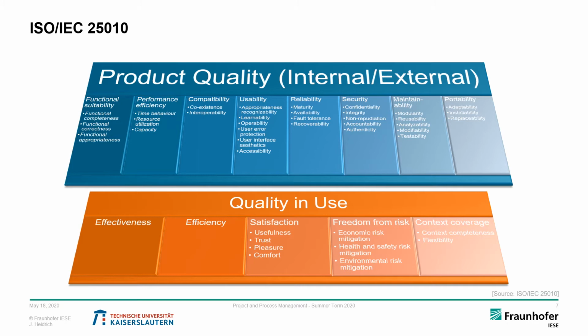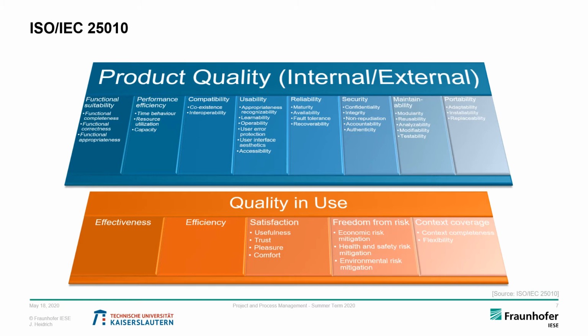What we find there is basically three different kinds of models, but two of them are very similar. They only distinguish between an internal and an external view, but all the quality aspects inside are exactly the same. So in that sense, we have a model for internal product quality, for external product quality, and for quality in use.